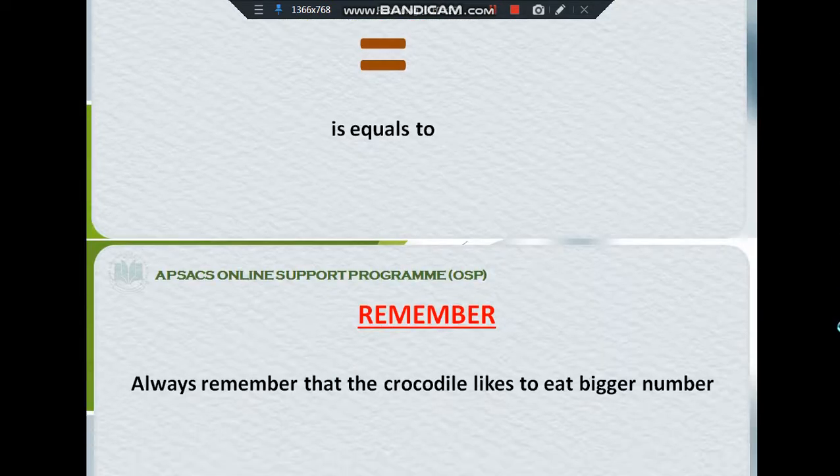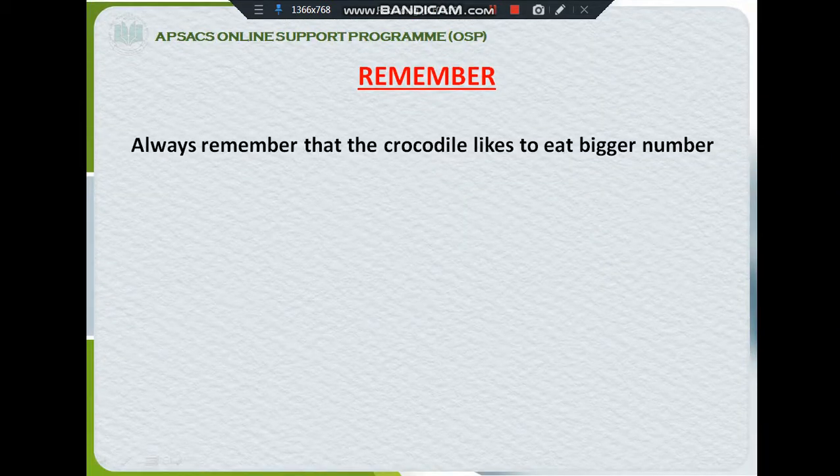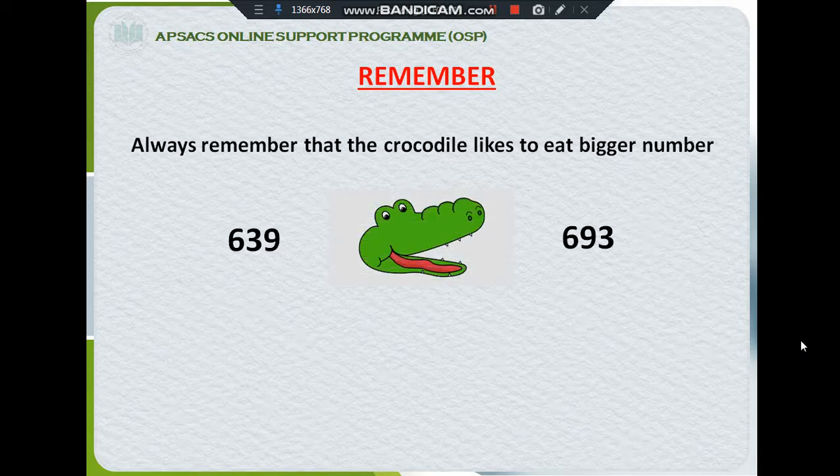Okay students, now remember that the crocodile is here and it likes to eat bigger numbers. Now the first number is 639 and the other number is 693. Can you tell me which number is bigger? Which number will the crocodile eat? The bigger number. So the crocodile will eat the bigger number.